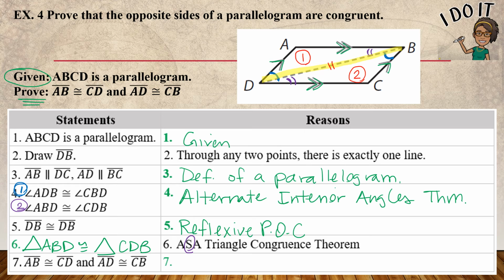So side AB is corresponding and congruent to side CD. Side AD is corresponding and congruent to side BC. Because they're corresponding and congruent in both of the triangles, I can say the reason the opposite sides of this parallelogram are congruent is CPCTC. And that concludes our proof.